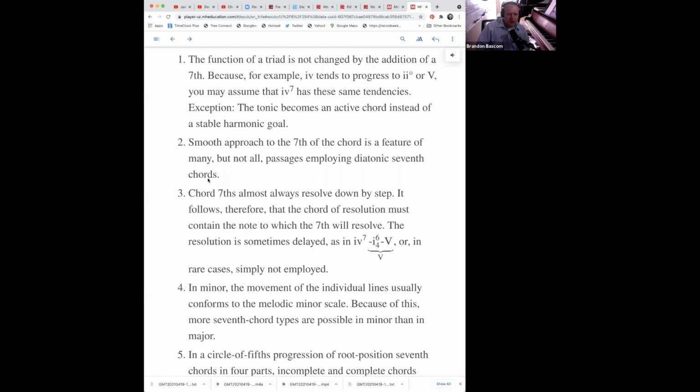So technically, I should do this. So if we do that, Pete, it's going to change our chord for this beat.